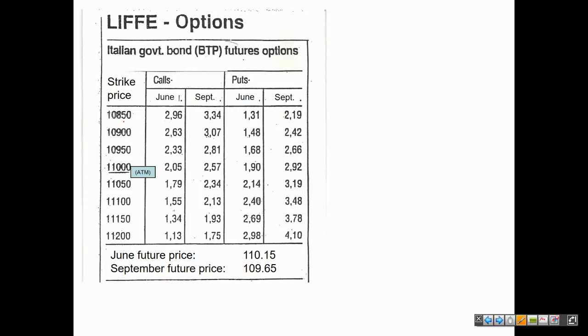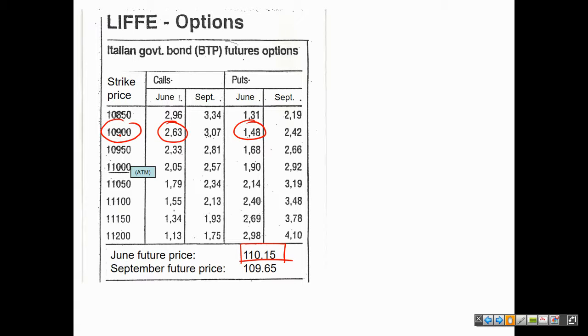We were considering earlier the 109 strike call and put, where we have seen that starting from the 2.63 109 call, we can build the 109 put, which must have a price of 1.48, okay? Remember that the June future price, so the future underlying these contracts, is trading at 110.15.